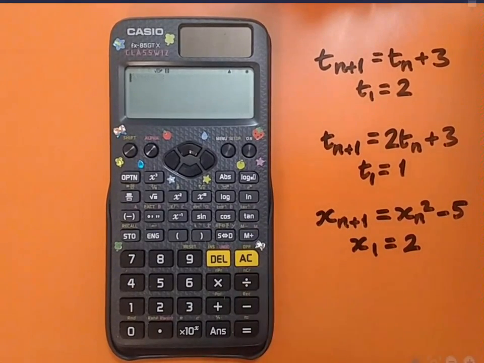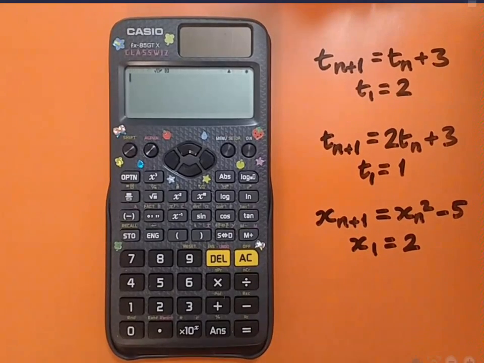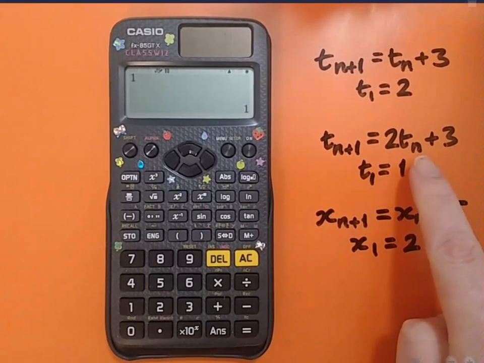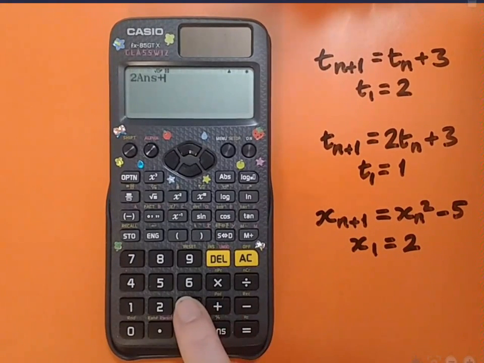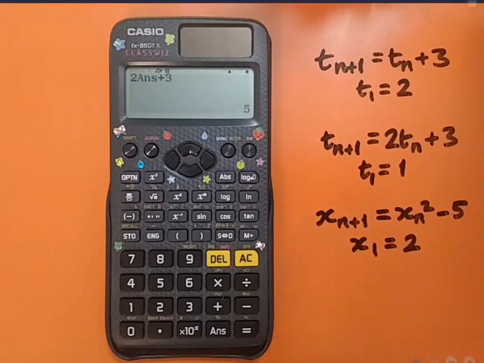For the second one, we're starting with 1, so we put 1 equals to store that in answer memory. And then we need to do 2 times the answer plus 3. So 2 ans plus 3 equals, and there's our second term. Equals again, third term. Equals again, fourth term.